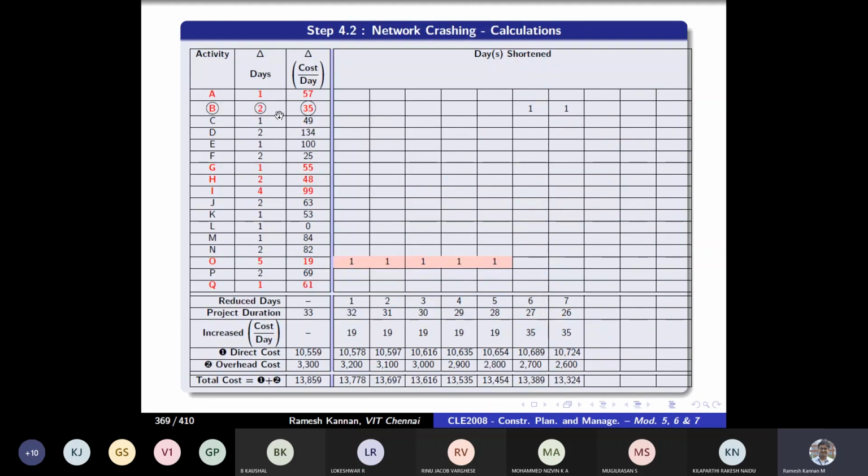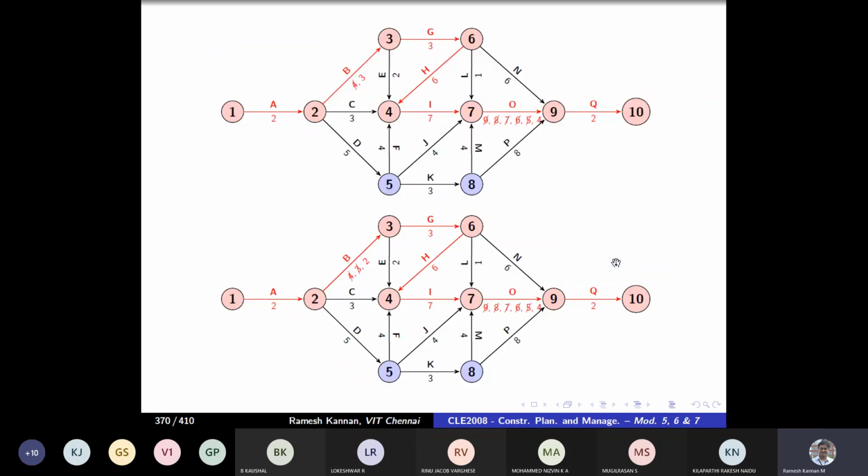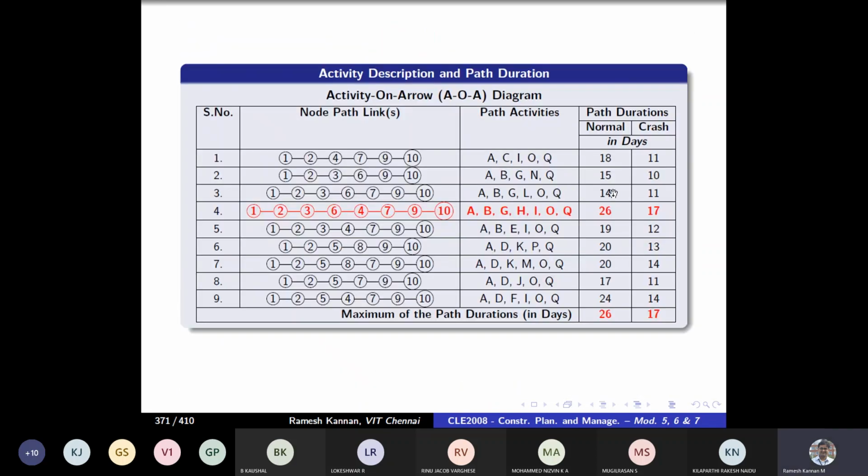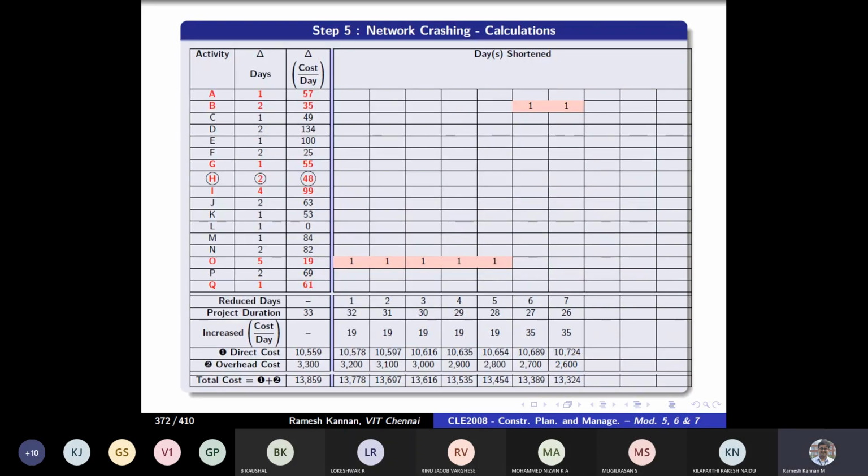Then we can do one more reduction in B, and after this B is not possible. So we reduce it and the procedure follows the same. Then we see that the critical path is still the same. We then look at the other activity, where the least cost slope is 48, that is H, and that can be reduced to 2.